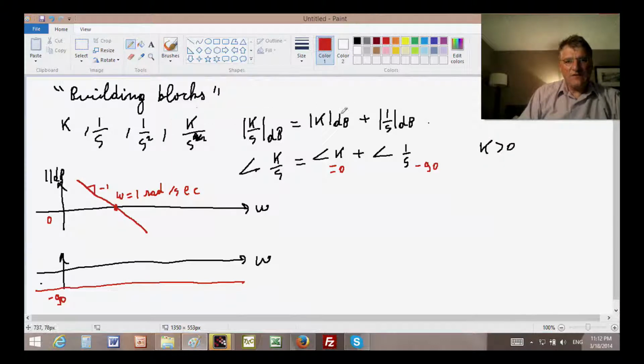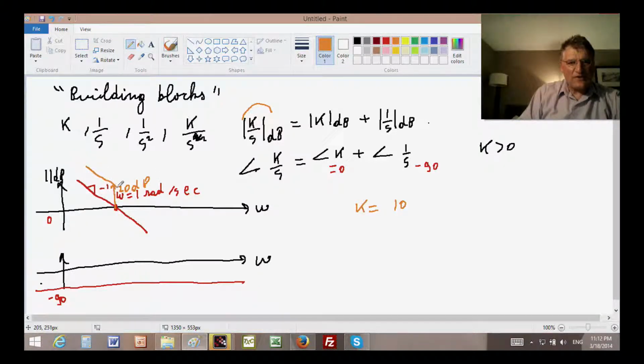Now if I want instead the magnitude of k over s, what I need to do is just move this up or down by k expressed in decibels. So for example, if k is equal to 10, all I need to do is move this plot up by 20 dB.